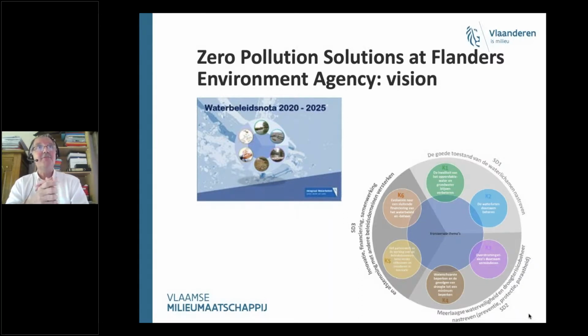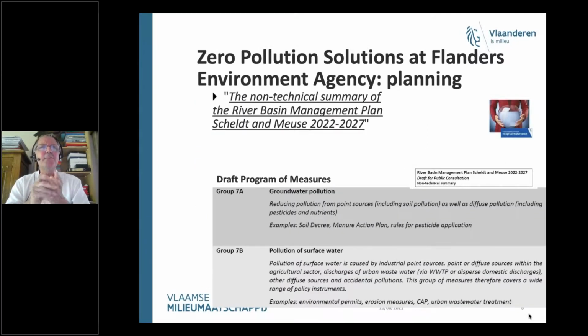And then, of course, this vision has to be implemented in the river basin management plans. I know most of you are aware that we are now fully working, on the next slide, on the river management plans for the period 2020-2027. And you see here that there are not only the vision and the actions, but also the measures.